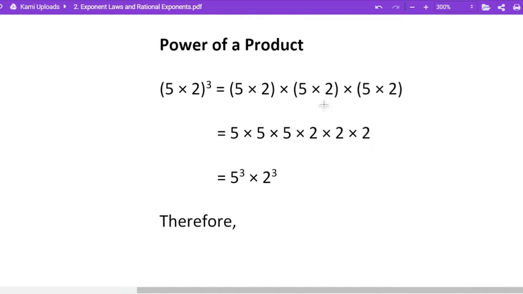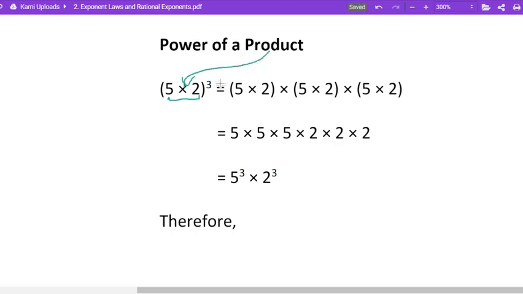So now we have a law that we did not learn in grade 9, but it's called the power of a product. This might be a little bit new. When we have a product, two terms that are being multiplied, and the entire bracket is raised to a power, it means we're multiplying it 3 times. The important thing is that inside the bracket is a product.